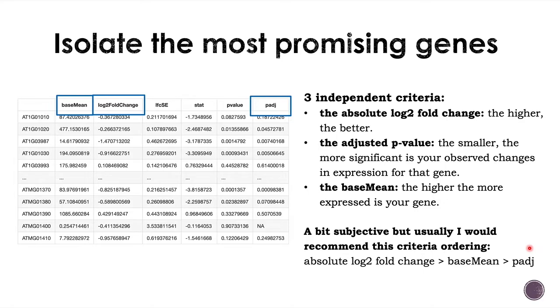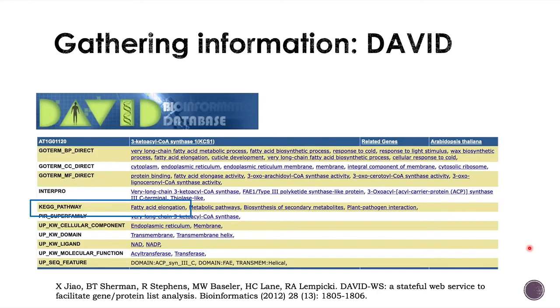Once you have your list of the most promising genes, you can gather information online. Some databases are generic, such as the DAVID database shown here. This allows you to gather annotation on a gene list, convert between different identifiers, and query multiple other databases at once. Here I have an example of a gene from Arabidopsis with its short name and gene symbol, and all the links that redirect to other resources.